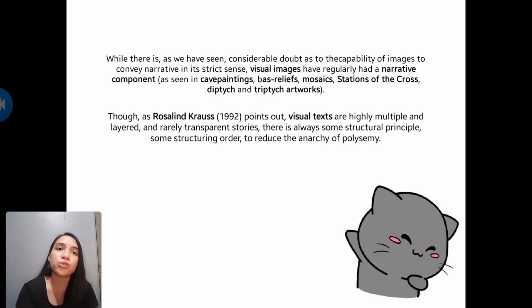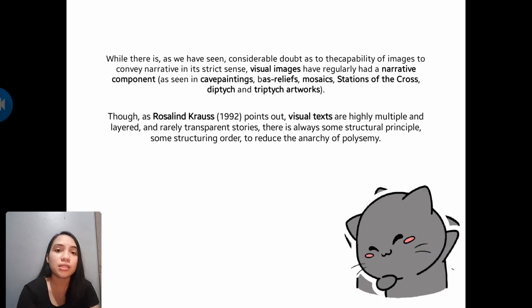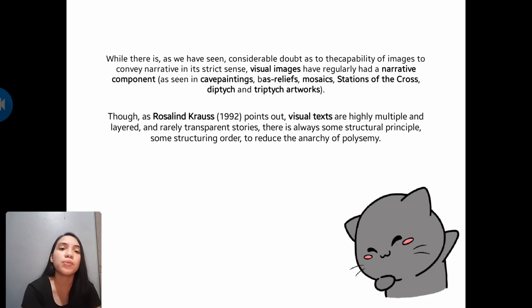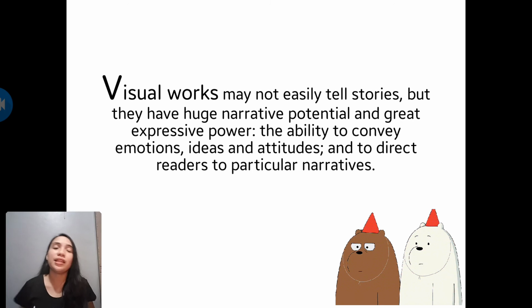And though, as Rosalind Krauss points out, visual texts are highly multiple and layered and rarely transparent stories, there is always some structural principle structuring order to reduce the anarchy of polysemy. And this is the last text or explanation of this topic.